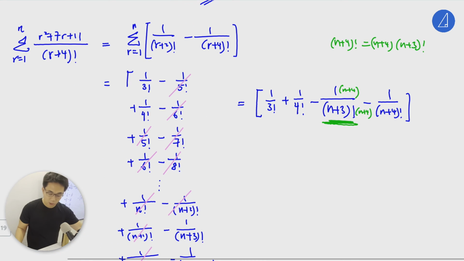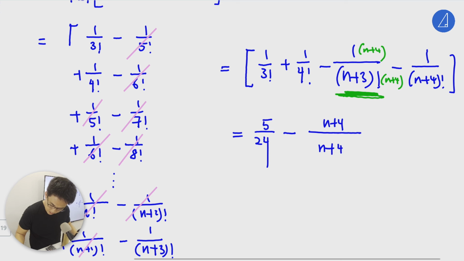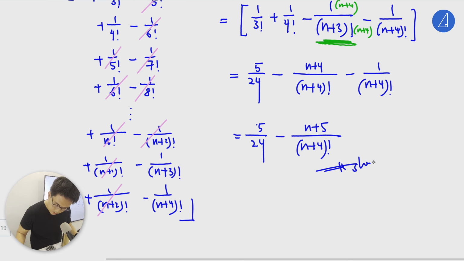In the calculator, 1 over 3 factorial plus 1 over 4 factorial will be 5 over 24. Then you just factorize this out. Okay, that's it.